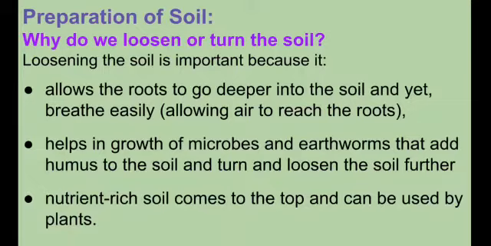If it is under the ground, it cannot help the plant directly. So when we plow, when we till the soil, the upper layer and the lower layer also get mixed well. Then the minerals and the nutrition come to the top layer, and it is very helpful for the growth of the plant.